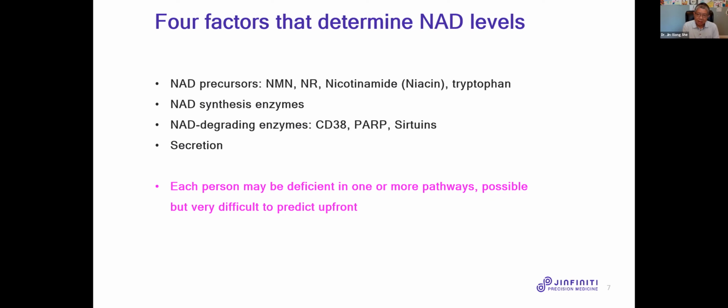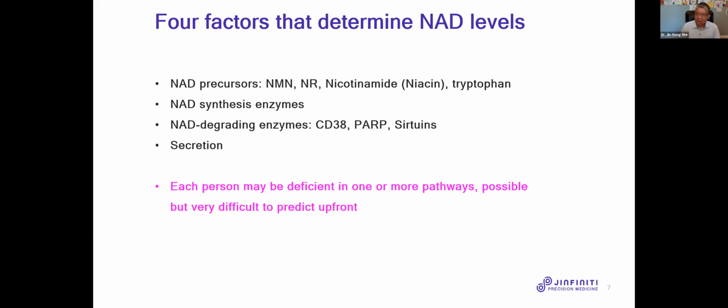And finally, secretion from cells into the circulation could be a very important contributing factor. You may have very high levels of NAD inside of your cells, but they may or may not be secreted into the plasma. So that can be a very important factor in determining whether someone has deficiencies or suboptimal levels of NAD in the plasma.